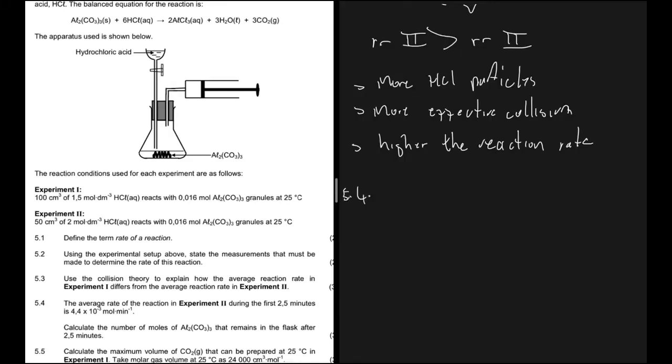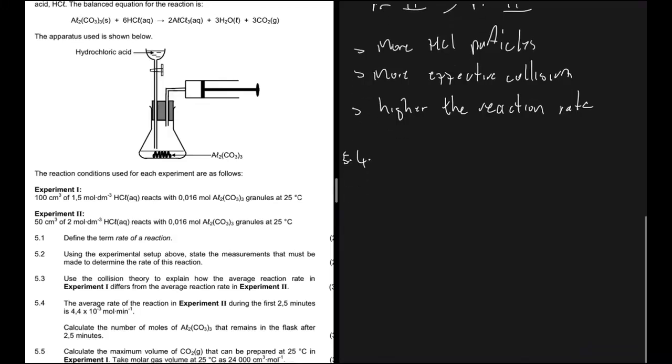5.4 says the average rate of the reaction in experiment 2 during the first 2.5 minutes is 4.4. So let's write that we have delta T, which is 2.5 minutes, right? And then we have the average rate of reaction, which is 4.4 times 10 to the minus 3 moles per minute.